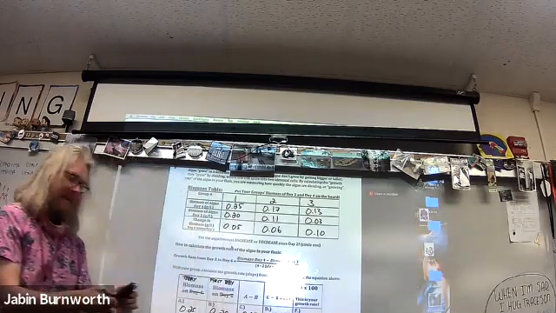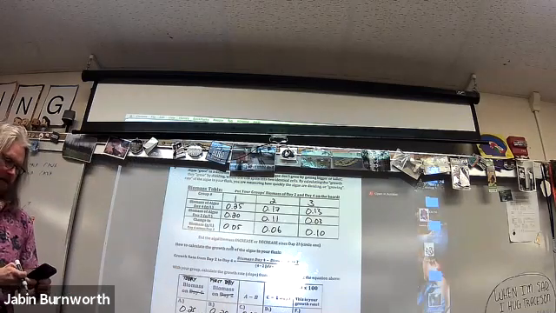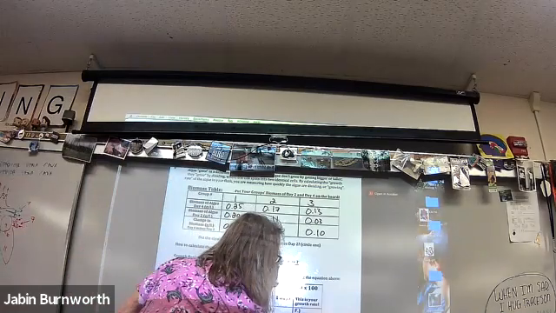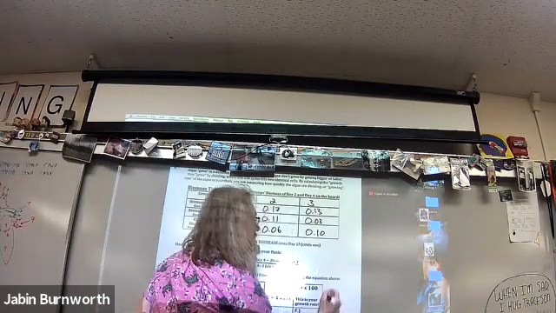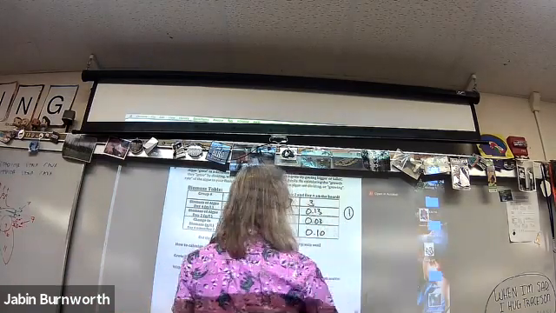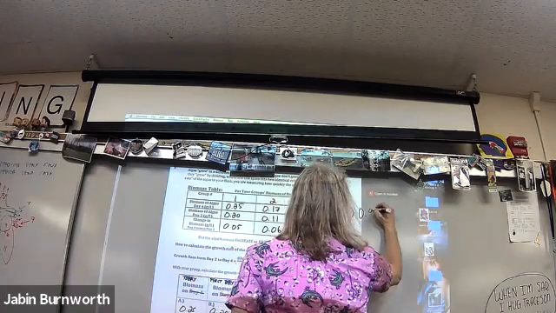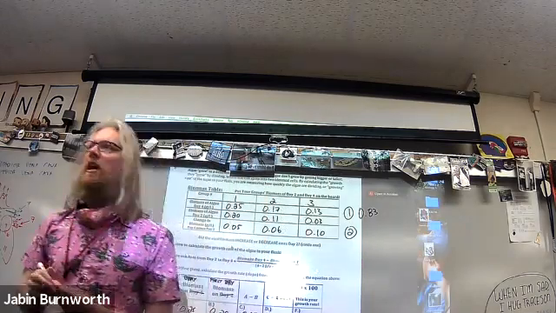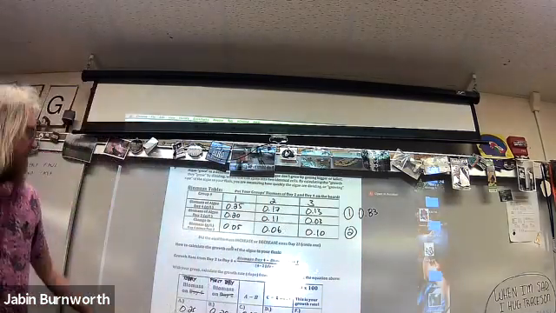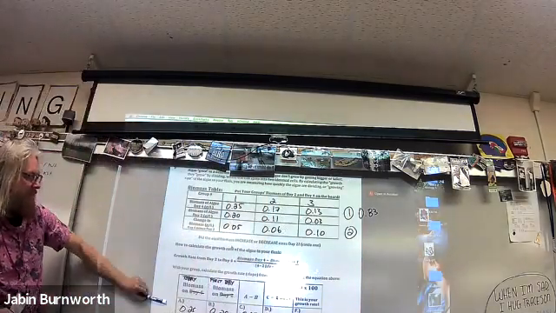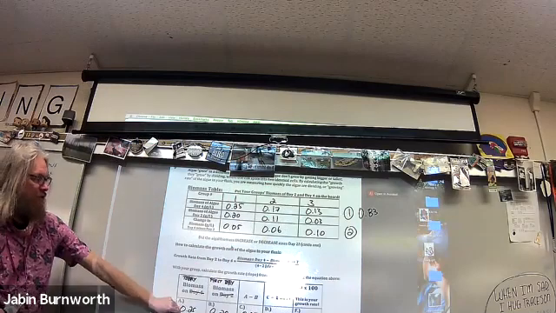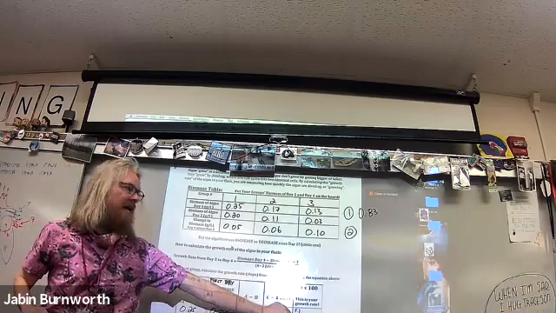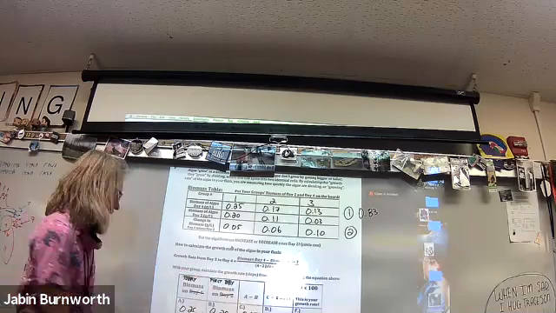I'm going to take that times 100, and that gives me 0.83. So group one, your growth rate was 0.83. Does everybody understand how I did that? I took today's minus the first day's divided by 6 times 100 to give me my growth rate.